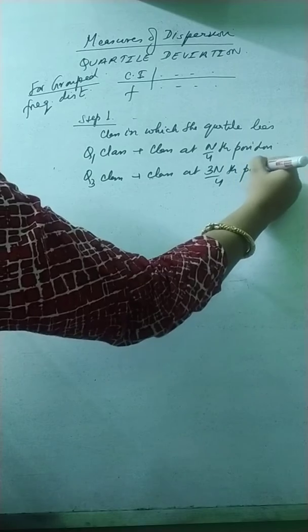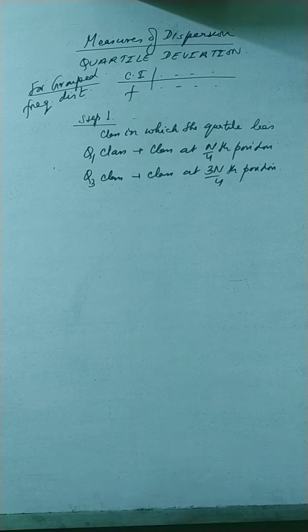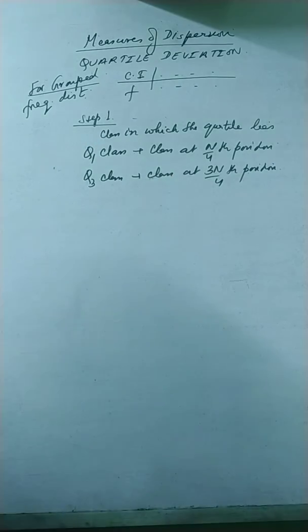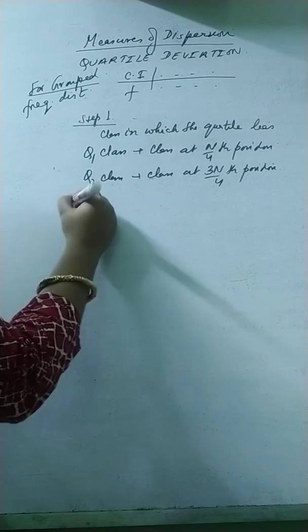Look at the notes you have written from the previous video and refer to them. The corresponding class interval is the interval containing Q3, and likewise for Q1, and then we apply the formula.